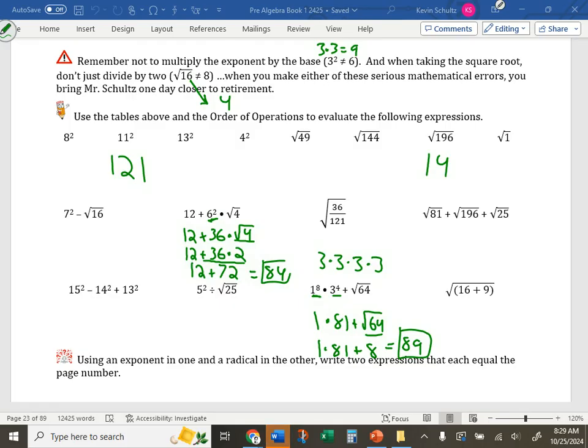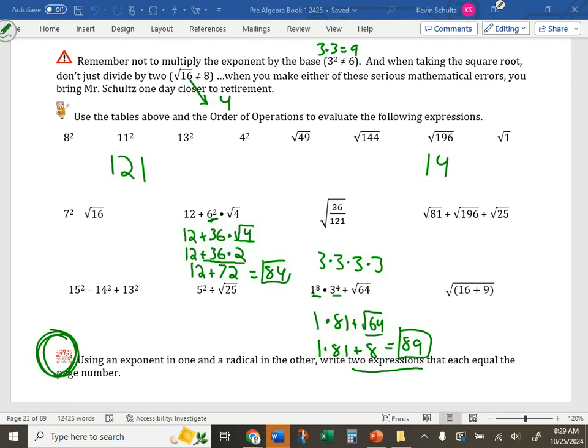Rest of the page, including the critical thinking down at the bottom. It says, using an exponent in one and a radical in the other, write 2 expressions, not just one expression, 2 expressions that each equal the page number. And what is the page number? 23. So you're writing one expression that uses a power. You can use anything else, but it's got to have a power, to equal 23.